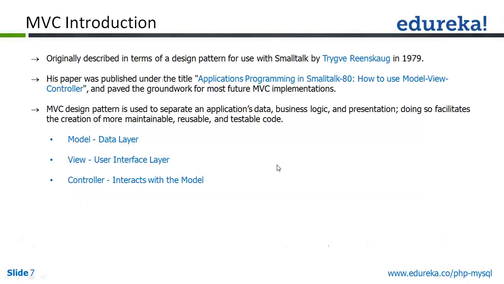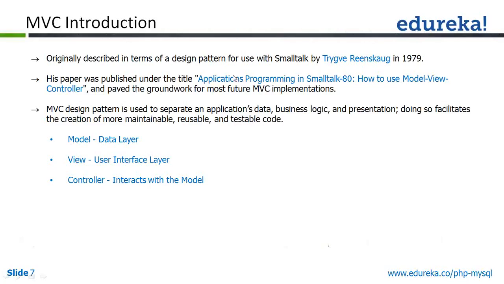MVC was actually developed in the year 1979 for developing applications in Smalltalk. You might have heard about that programming language, Smalltalk. That person developed something for the Smalltalk programming language.